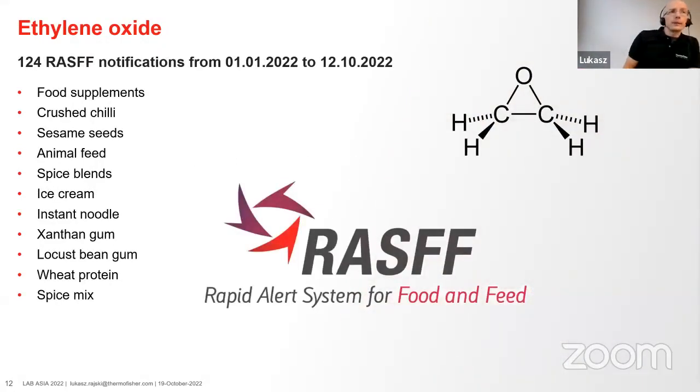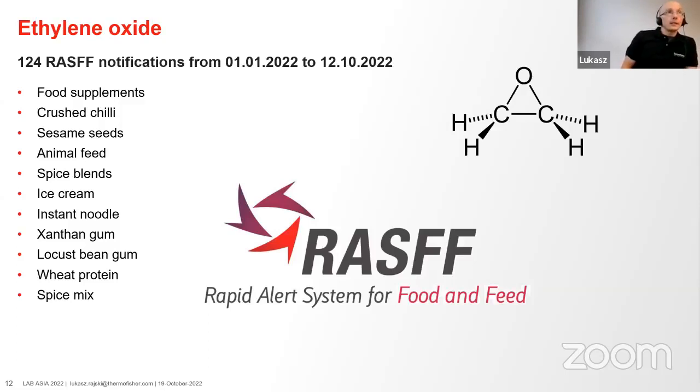In the European Union, we have something called the Rapid Alert System for Food and Feed. This is the network that allows official laboratories to communicate any problems related to food safety.